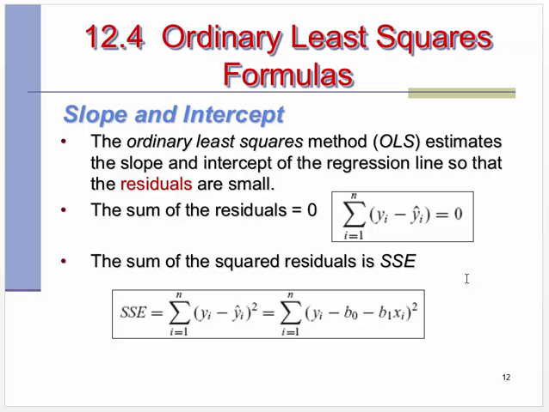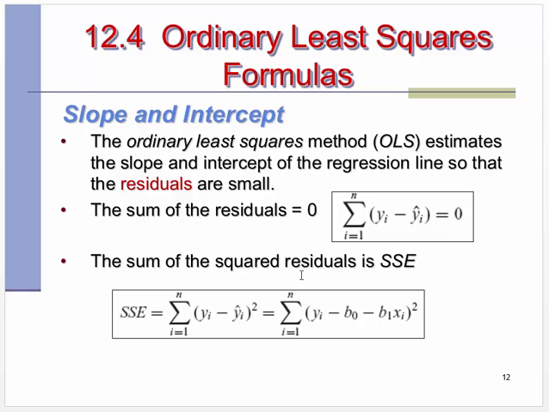The ordinary least squares method estimates the slope and intercept of the regression line so that the residuals are the smallest. The sum of residuals equals 0. That is, the actual y observation minus the predicted value, added up, should add up to 0, because sometimes you may have a positive one, sometimes a negative, and then the sum of them is 0.